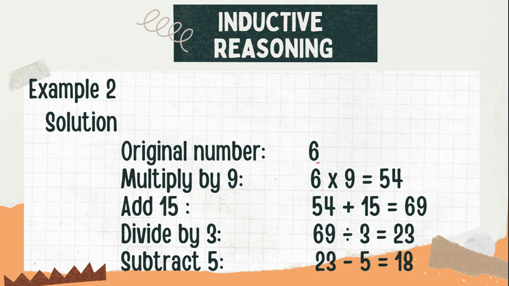Then ang 6, multiply ba nato by 9. 6 times 9, 54. Then ang answer, add by 15. 54 plus 15, 69. Then divide by 3 ang 69, so 23. And then subtract the answer by 5. Then we got 18.